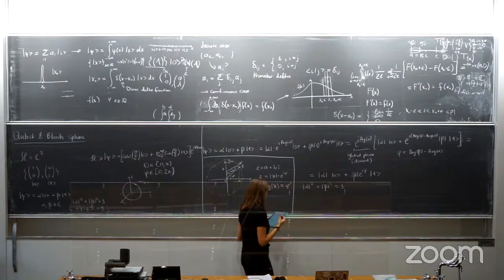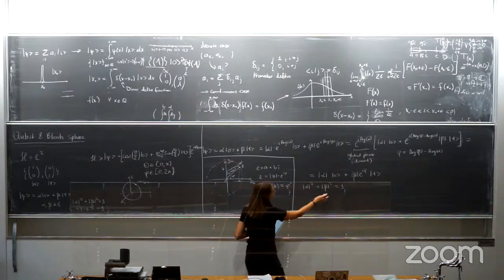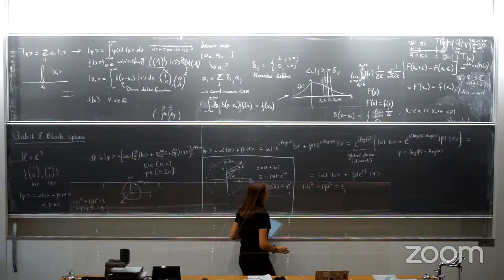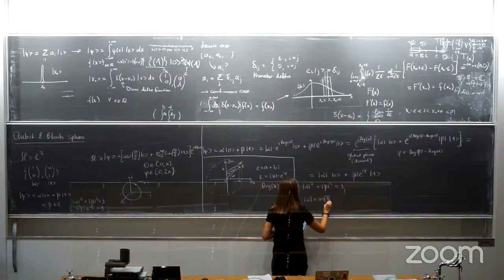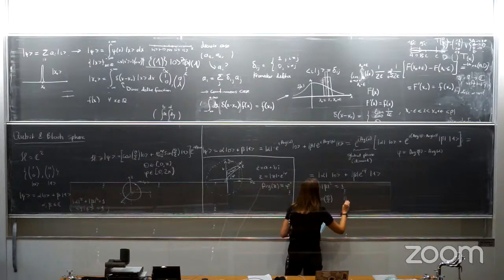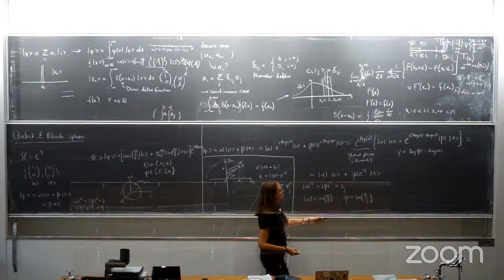For any alpha and beta which adhere to this relation, we can write them as a cosine and sine of some angle. So alpha is cosine theta over 2 and beta is sine theta over 2. This is true because sine squared plus cosine squared is always 1.